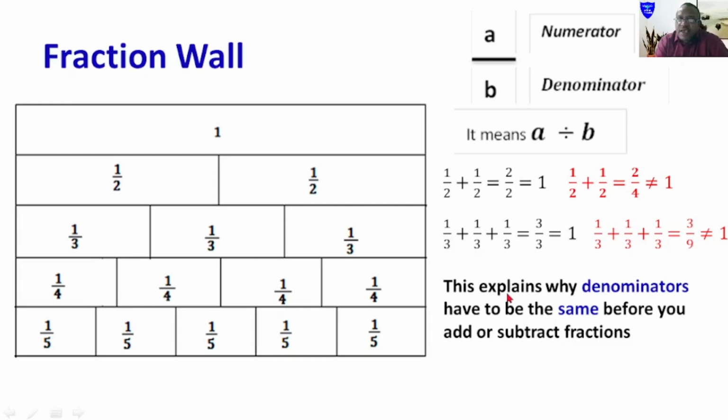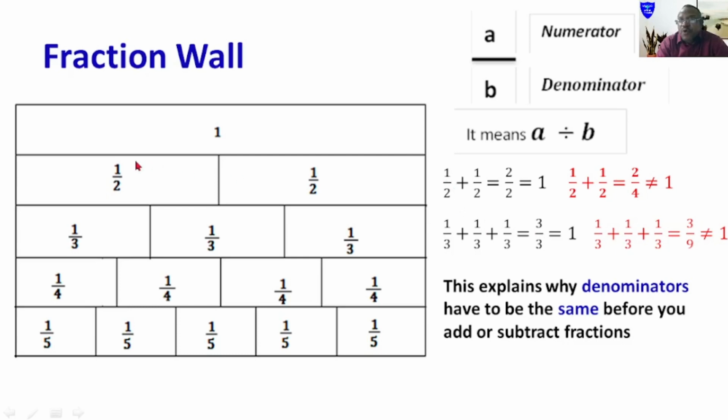If the denominators of the fractions are different, you've got to do something to make sure that they have the same denominators before you can actually add. And adding of fractions is very simple. As long as the denominators are the same, you simply have to retain the denominator and add the numerators.